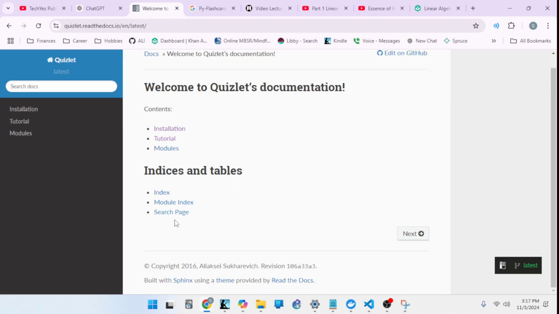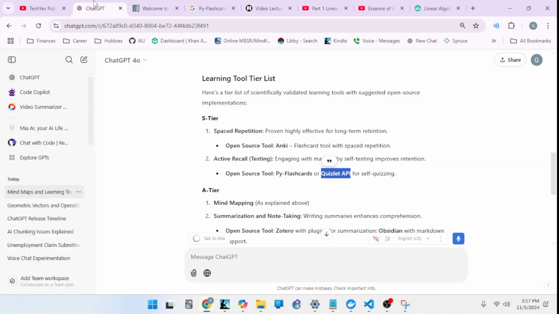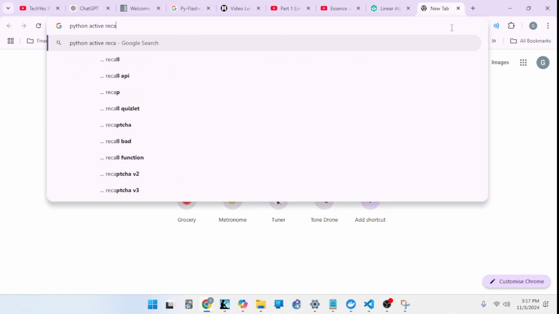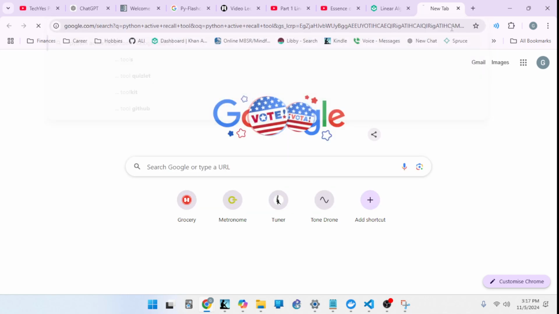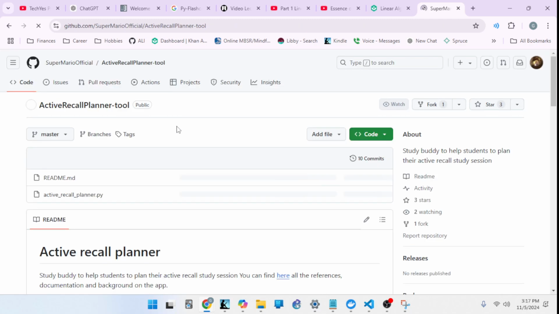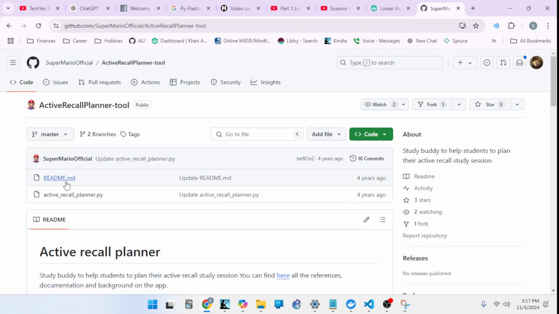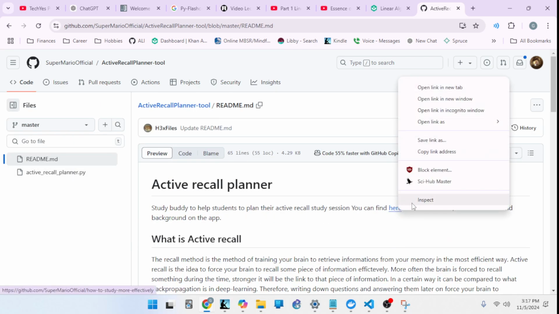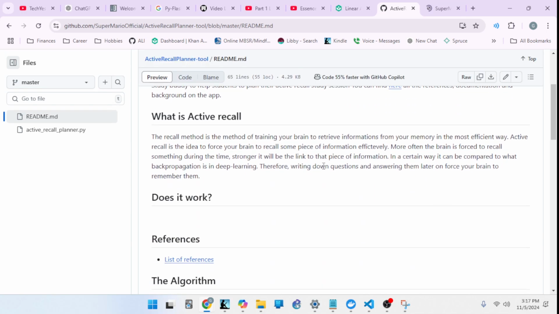Okay, well, I'm not sure how to use this. But active recall is definitely, so let's type in Python active recall tool. There we go, active recall planner. So this is probably a good one.